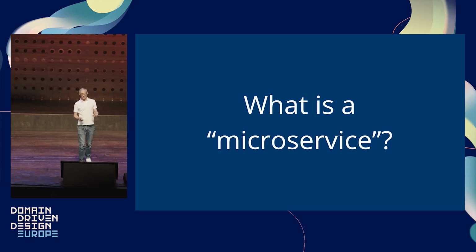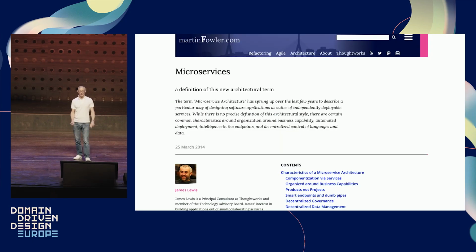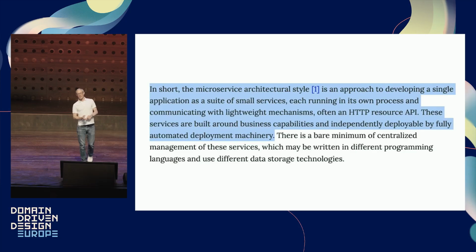I'm going to answer this very simply by going back to the Martin Fowler, James Lewis definition, which is the kind of canonical definition. They say, in short, the microservice architecture style is an approach to developing a single application as a suite of small services, each running in its own process and communicating with lightweight mechanisms. We all know that.